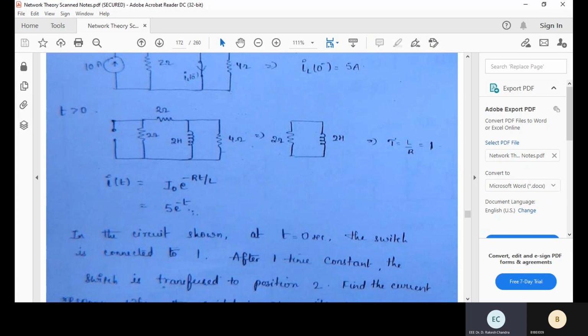This is not available in this particular material, so for that I will take another material and discuss magnetically coupled circuits. Otherwise, we'll discuss two-port networks, and at the end we can discuss magnetically coupled circuits. Roughly, it will take another 5 to 6 classes to conclude total network theory.